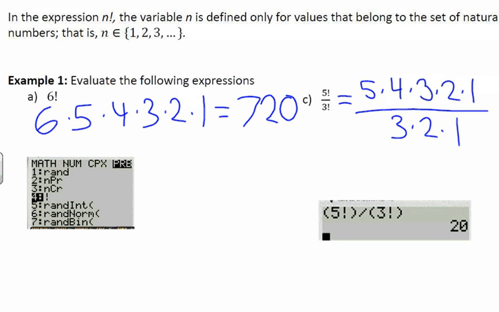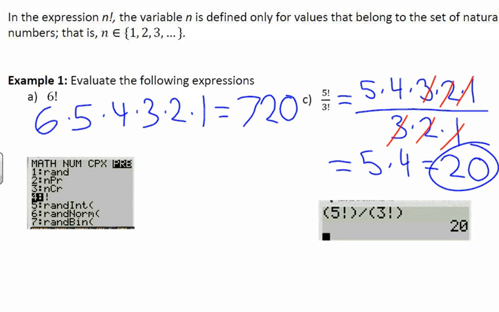Yes, exactly. You can cancel out the 3, 2, 1. And what are we left with? 20? Yeah, 5 times 4. So that's your final answer.